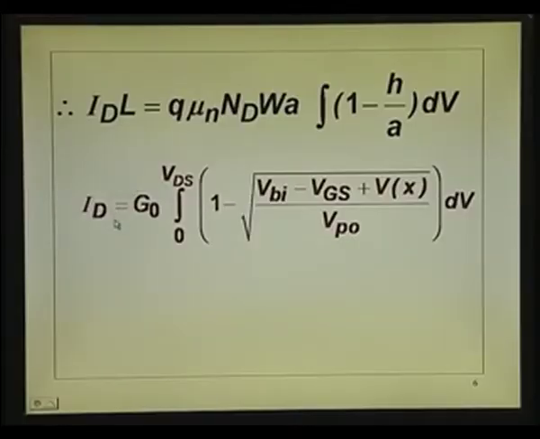Okay. Now, integral 1 minus h. What is h? H and V p 0. V p 0 we have defined in the last lecture. V p 0 is the pinch off voltage, that is the potential that must be present across the depletion layer. So, the depletion layer width is A. Okay. Just recapitulate your memory.